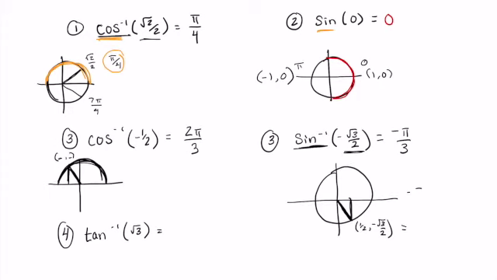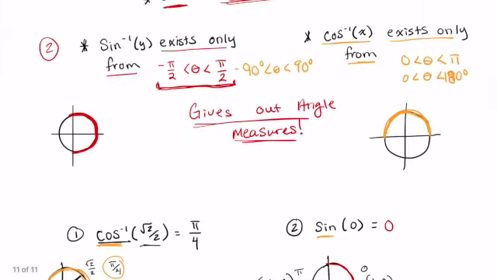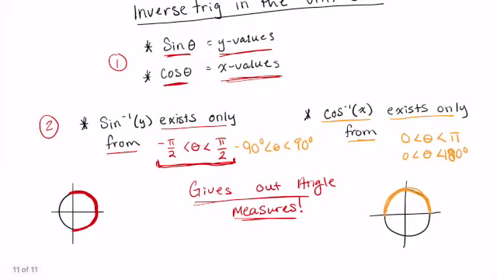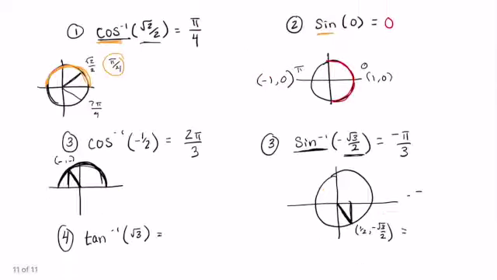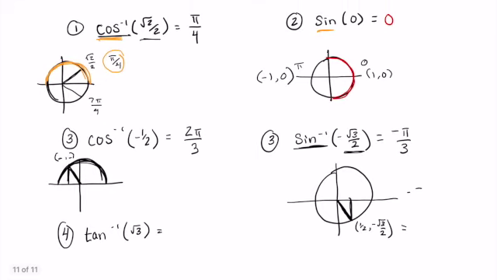And finally, our last problem here is the inverse tangent. We didn't talk about that up here with our original rules, but remember, the tangent of theta is simply sine of theta over cosine of theta, or y over x. If you're familiar with your values of tangent on the unit circle, you should be familiar with what the values of y over x would give you.